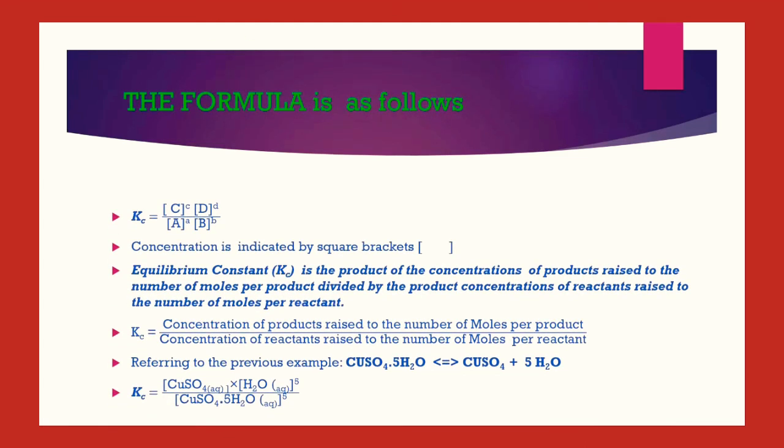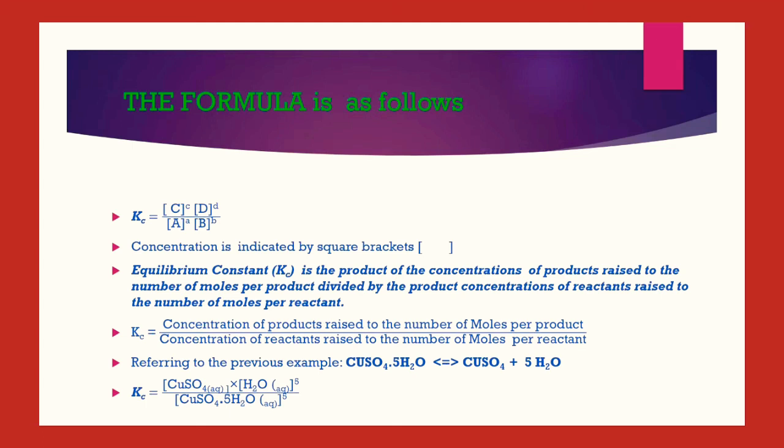Formula is as follows. Kc, the equilibrium constant, is equal to the concentration in square brackets of C raised to the number of moles C multiplied by concentration of D in square brackets raised to the number of moles D. These are the products.